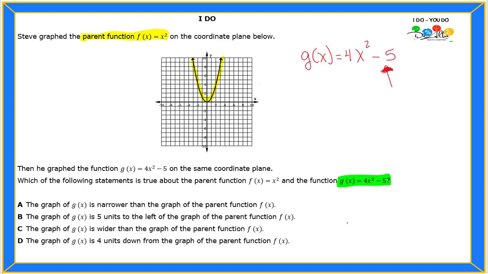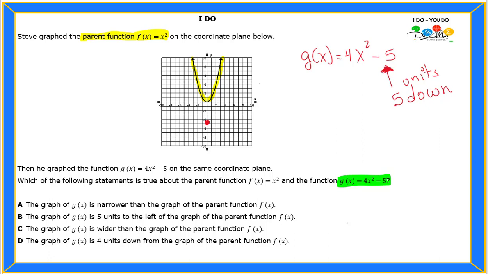Therefore, this means that you're going to go 5 units down. So if we go 5 units down from there, that means I'm going to be at 1, 2, 3, 4, 5, somewhere over here. That's where my new vertex is going to be.